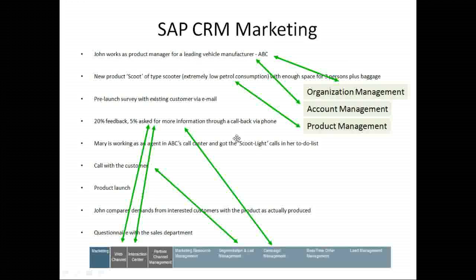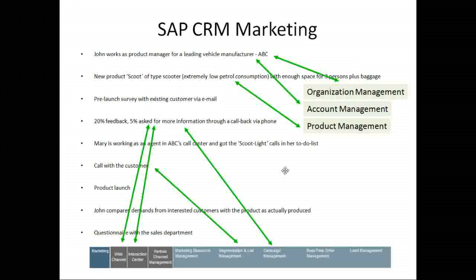And now we will see the business processes of marketing in SAP CRM and how it handles the marketing business scenario. So here we can see segmentation and list management, campaign management, and how they are mapped with this example. Customers who requested a callback are sorted and called, which is maintained under segmentation, and as a result of the campaign launched for this new scoot, 20% feedback is received and 5% have asked for a callback.